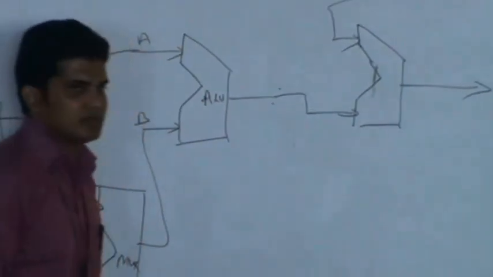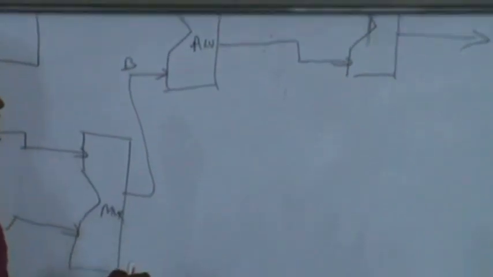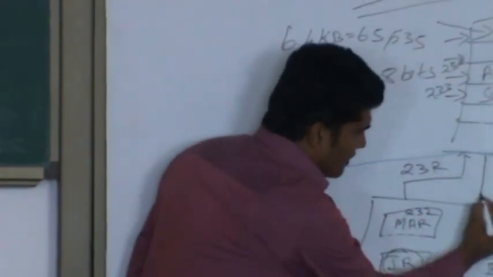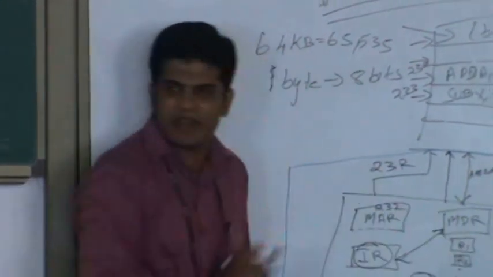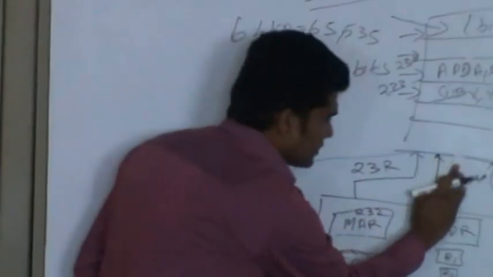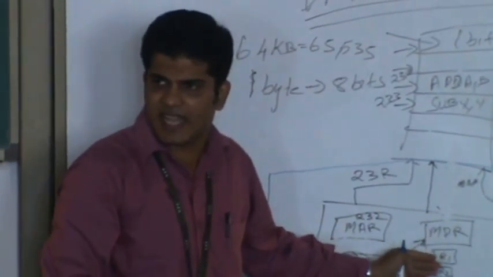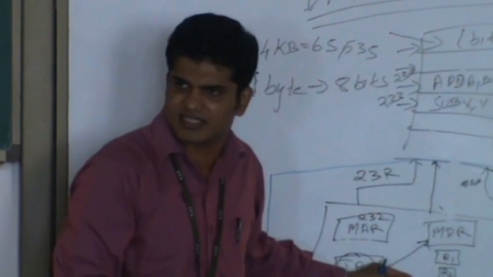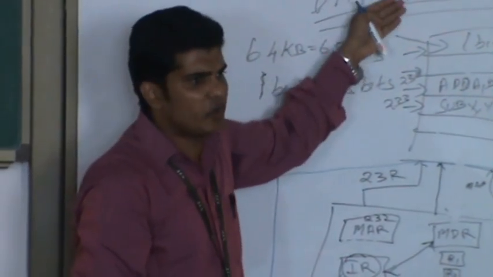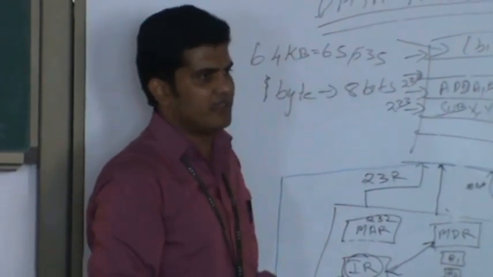Right? So if you see this particular diagram, if the arrow mark is like this, I am talking about the memory data register. It's bidirectional. If the data is going from the processor to the memory, we are going to do a write operation on the memory.